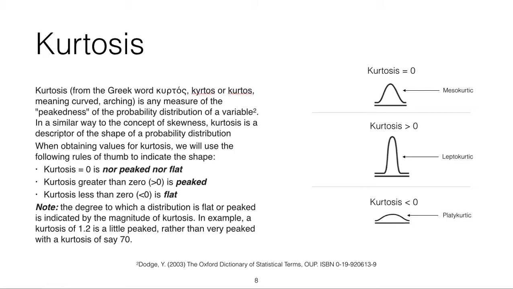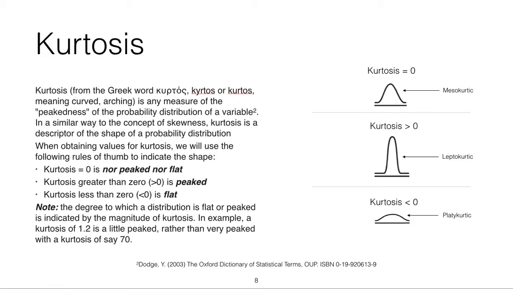If we have a kurtosis greater than 0, it means that a lot of values are very similar to each other. If we have kurtosis less than 0, meaning that it's more flat, it would indicate that we have a very similar number of observations for each bucket of different values.